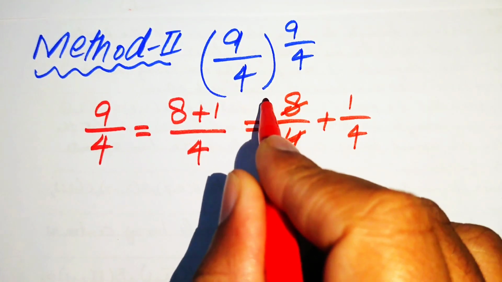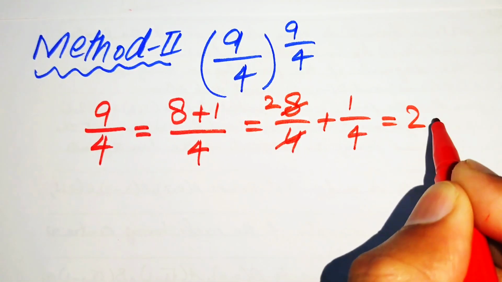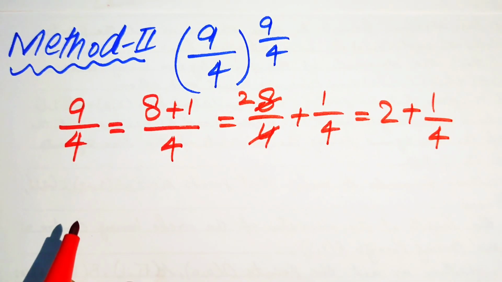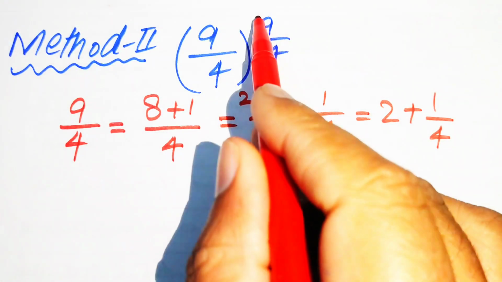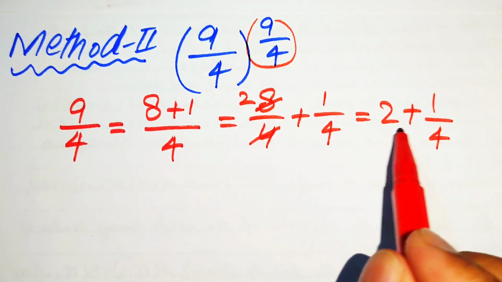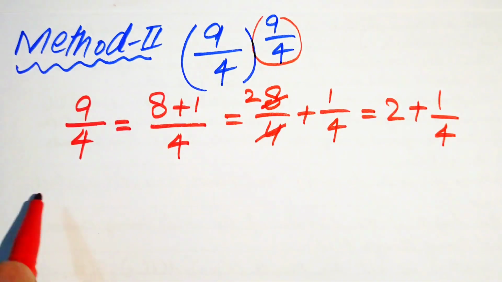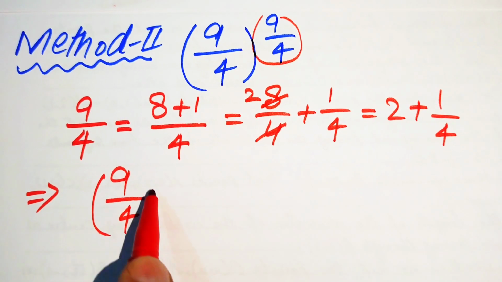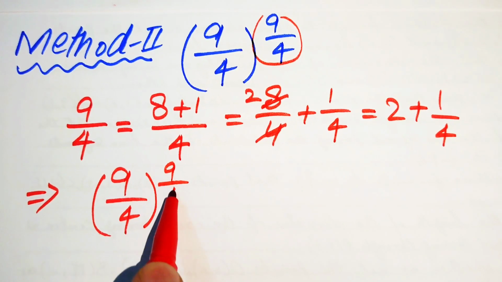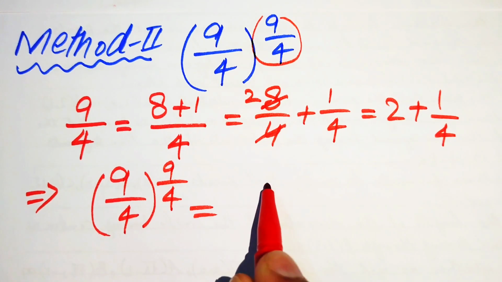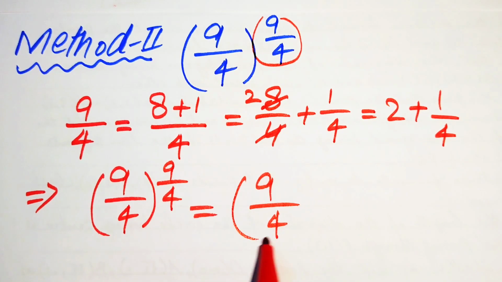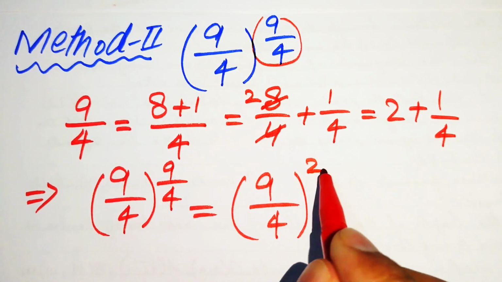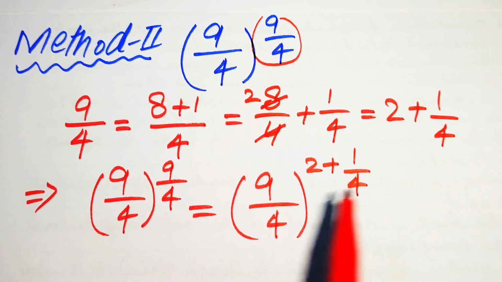Since 4 twos are 8, you get 2 plus 1 over 4. We replace this exponent by 2 plus 1 over 4, so our equation is written as 9 over 4 to the power of 2 plus 1 over 4.